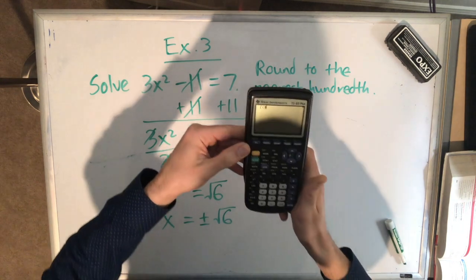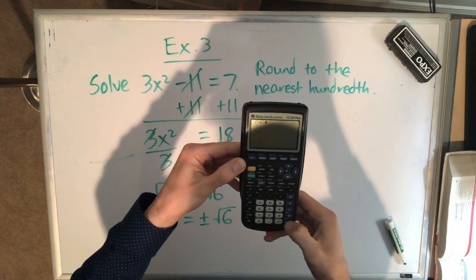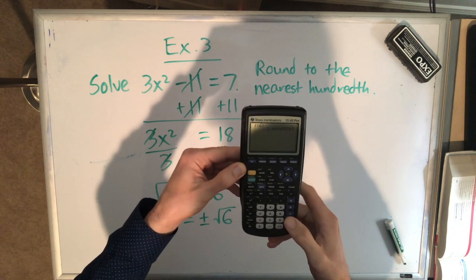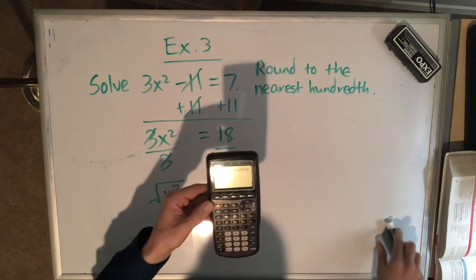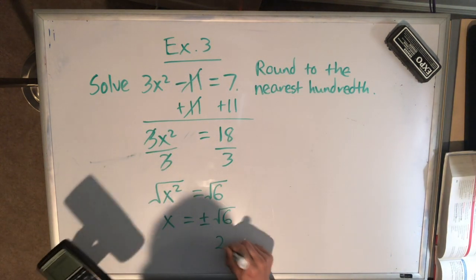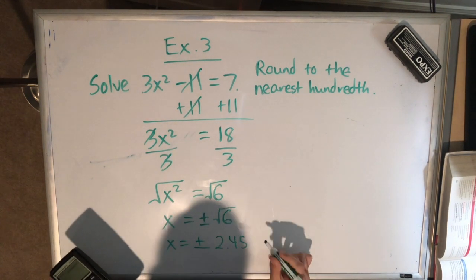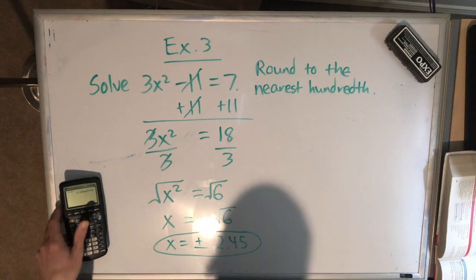Then put in 6, close the parentheses, hit enter. The square root of 6 rounded to the nearest hundredth, or the second decimal place, is 2.45. So x equals plus or minus 2.45. So x equals positive 2.45 or negative 2.45.